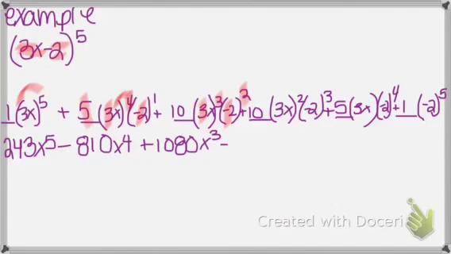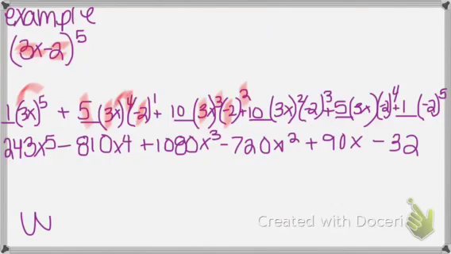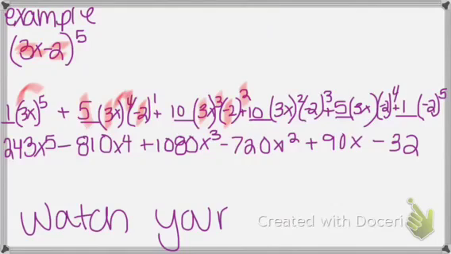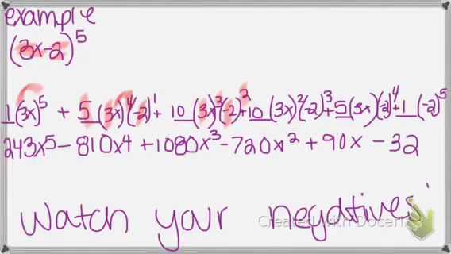You have to be careful of your negatives. And then multiply by 10, so I get -720x squared. Then I have -2 to the 4th times 3 times 5, which is 90 times x. And then I get -32. It's very important here that you watch your signs. You have to watch your negatives.